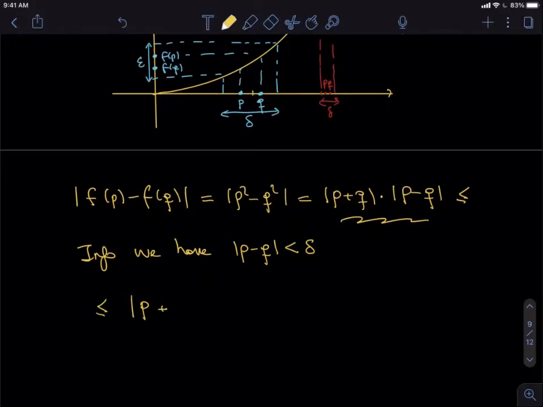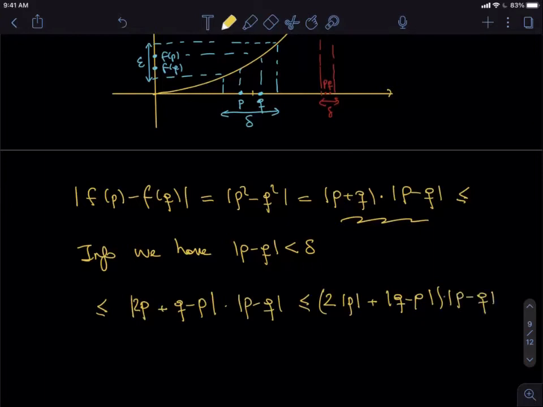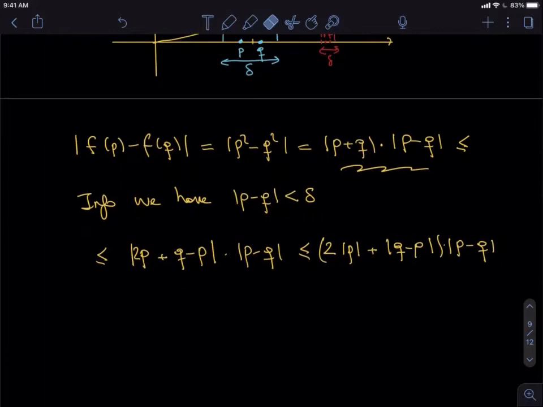This is 2p plus q minus p, okay, times p minus q, and that now by the triangle inequality, that is less than or equal to 2 times p plus q minus p times absolute value of p minus q. Okay, here this q minus p, I can write it p minus q.